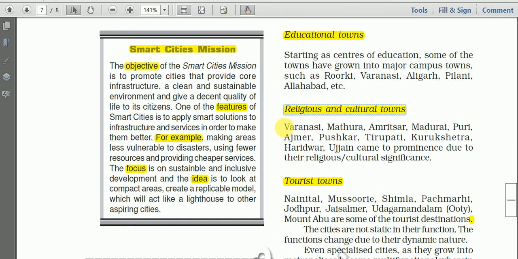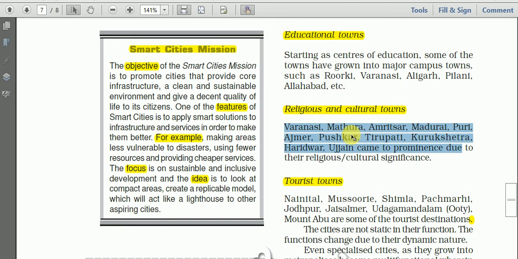We have Varanasi, then Mathura, then Amritsar, Madurai, Puri, Ajmer, Pushkar, Tirupati, Kurukshetra, Haridwar, Ujjain. So these are some important examples of religious or cultural towns, towns having religious significance and cultural significance.